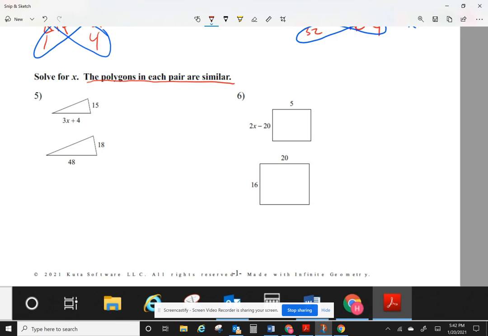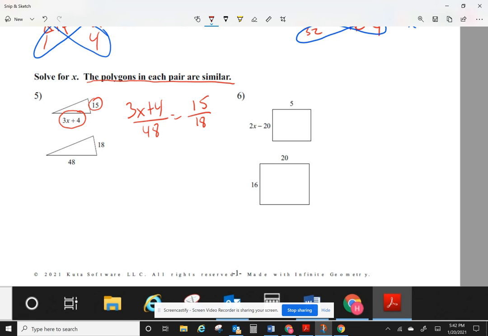So because they are similar, I know sides are proportional. So from the figure where x is, I'm going to choose those two values, 3x plus 4 and 15. Once again, I'm going to make two fractions and those go on top. I notice that 3x plus 4 goes with the 48 and the 15 goes with the 18.